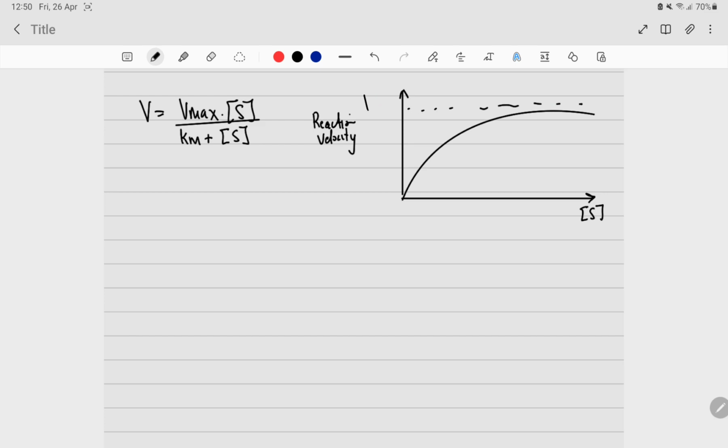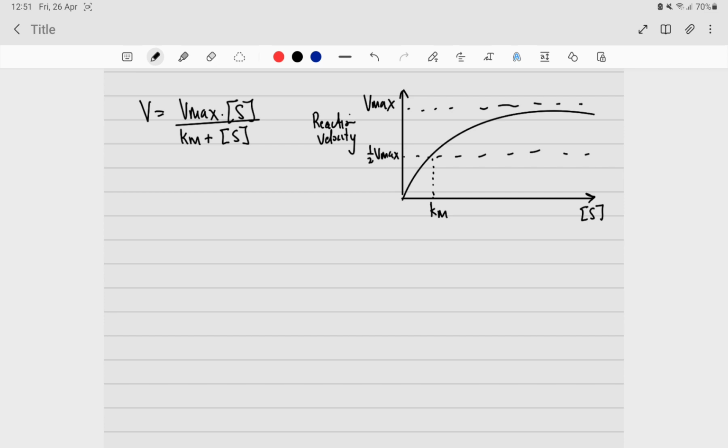At this point, we have the maximum velocity, and then somewhere in the middle, we have half Vmax. And the corresponding x value gives the Km value. So as you can see, the Km value gives the concentration of the substrate at 50% of the maximum velocity.